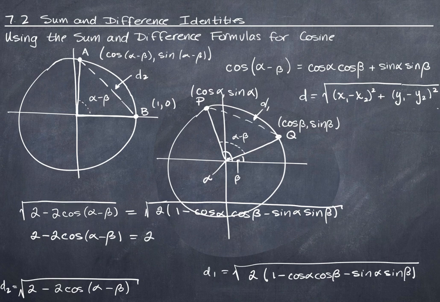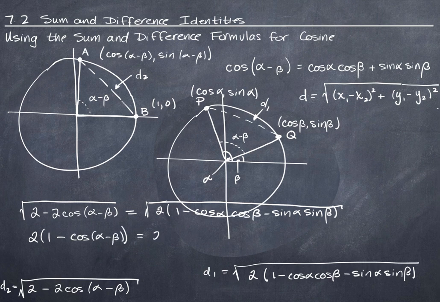Equals. You know what? While I'm at it, again, to save space, I'm going to factor a 2 out of this. So I'm going to rewrite that. I guess I'll just start over. Factor a 2 out. I got 2 times (1 minus cosine of alpha minus beta).